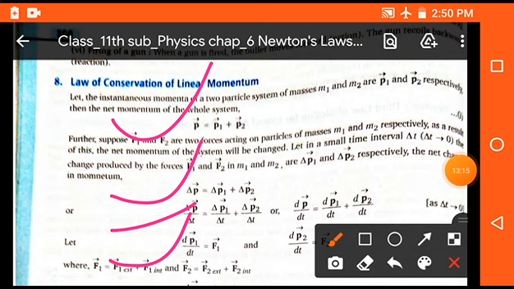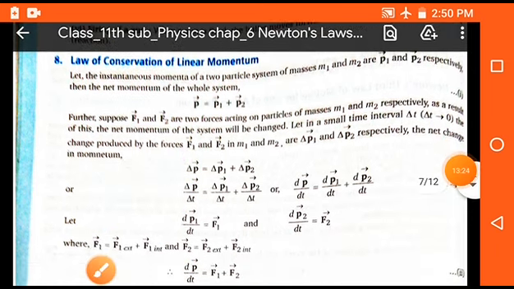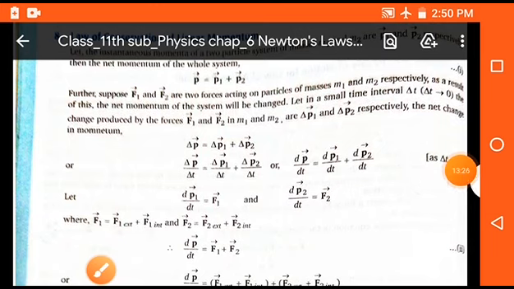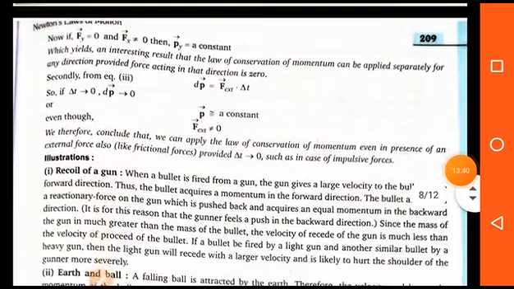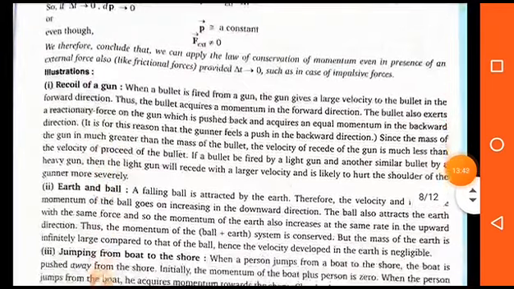In the same way, delta P2 upon delta T is equal to F2. So total force F is equal to F1 plus F2 plus F3 and so on. And if there is no external force, that means capital F equals 0. So the sum of all the forces working on the system also remains constant. This is the law of conservation of momentum.